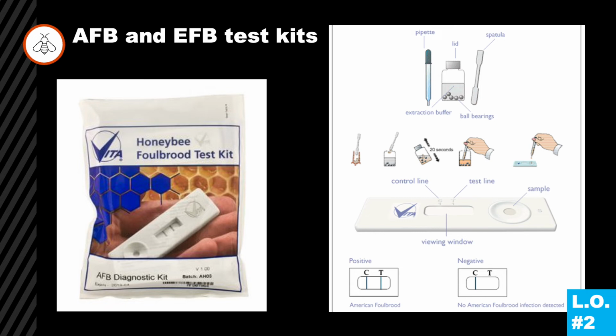I have included one of each test kit in the honeybee disease investigation kit I'm going to be providing you during our face-to-face one-on-one frame exam. If you need to purchase more of these, they come in a bag, a pack of 10 or 25, and you can purchase those online.